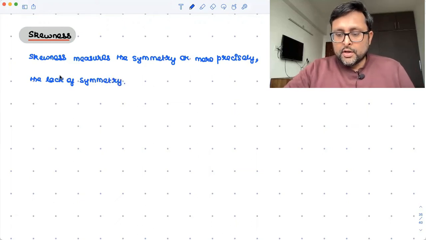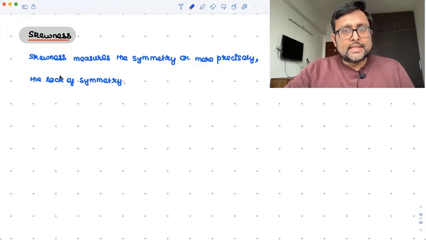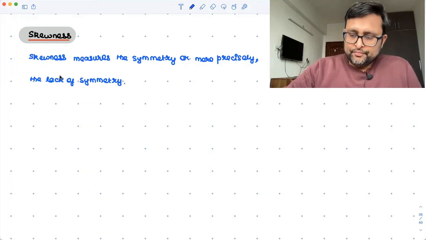the lack of symmetry. So around the center point, in case the distribution looks exactly equal, or exactly the same around the center point, that means that the distribution is symmetric.